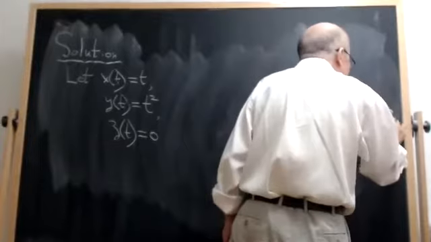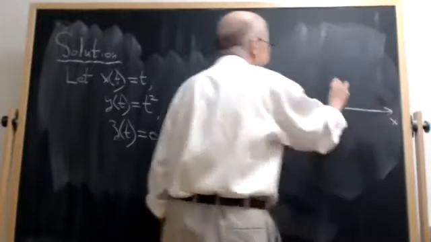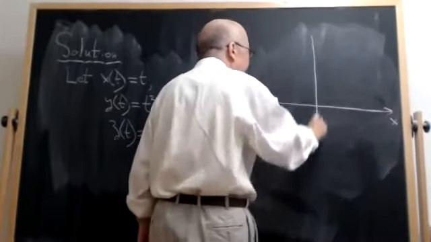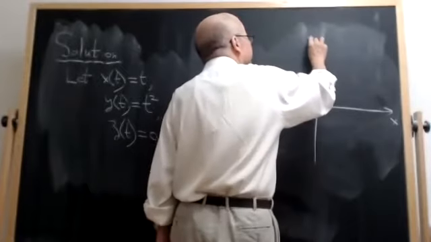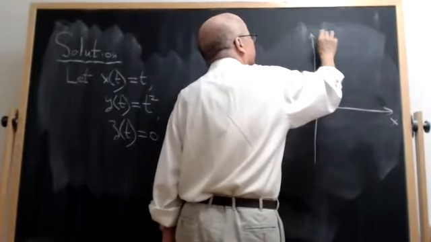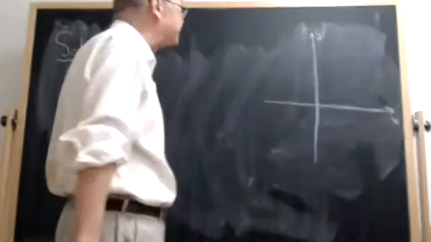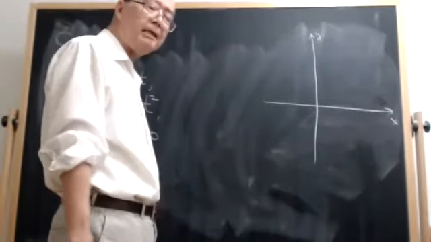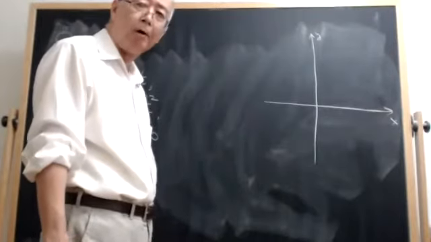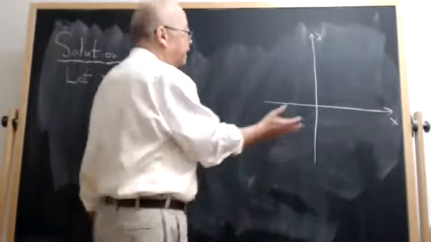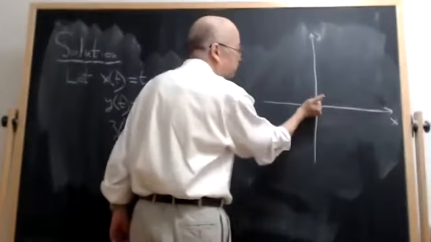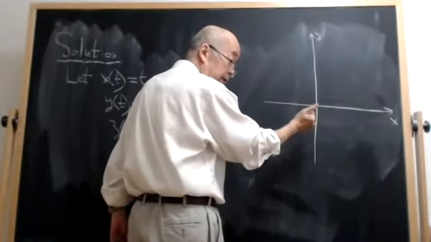I put the x-axis like this, and the y-axis, and then the z-axis is going out of the board by the right-hand rule. You know that, right?